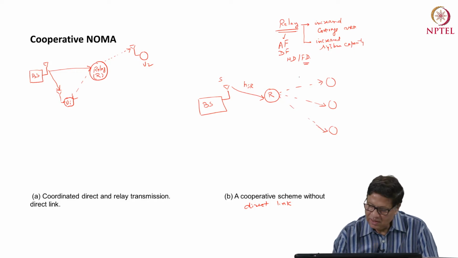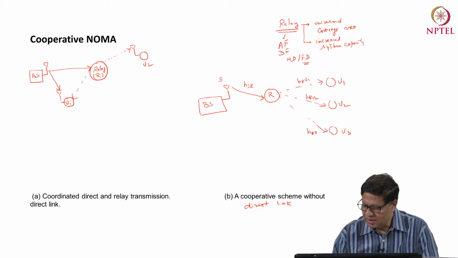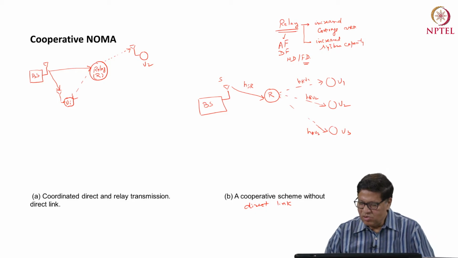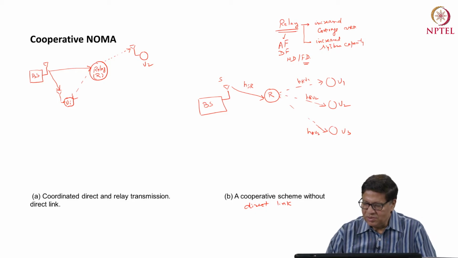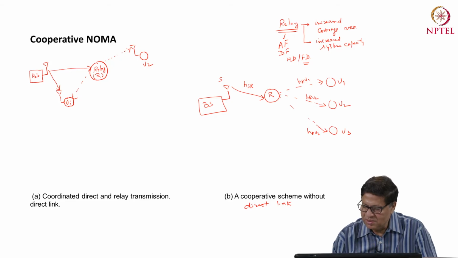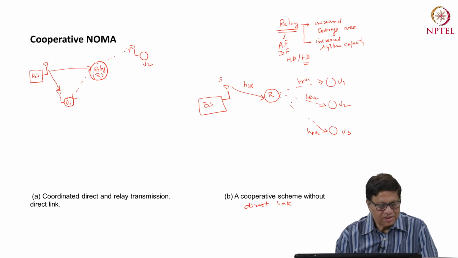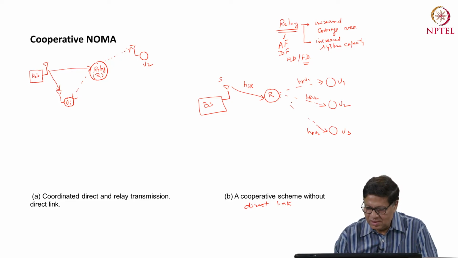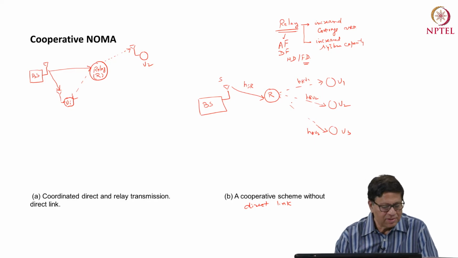So this will be HRU1, HRU2. These are channel coefficients. This is user 1, user 2, user 3. This is HRU3. So this is a cooperative scheme without direct link. There is no direct link to the user, but it is through a relay. So this is another form of cooperative NOMA.